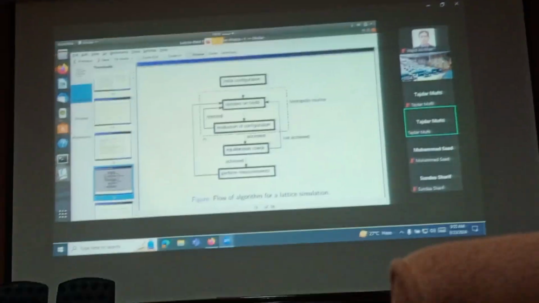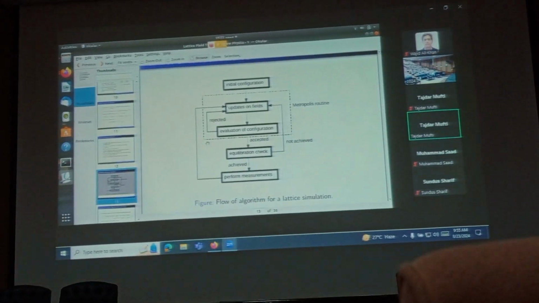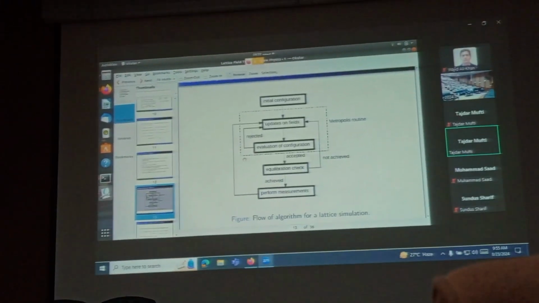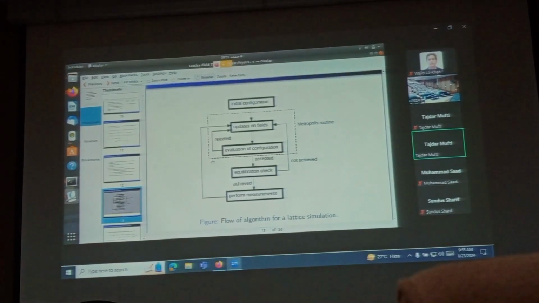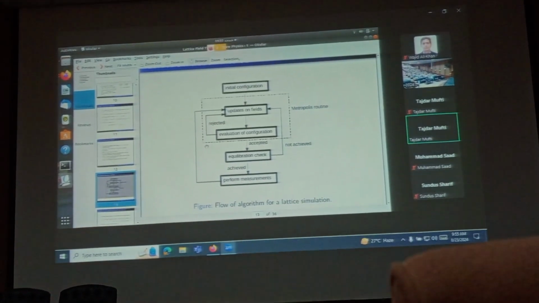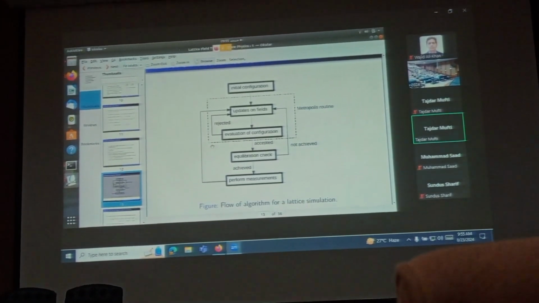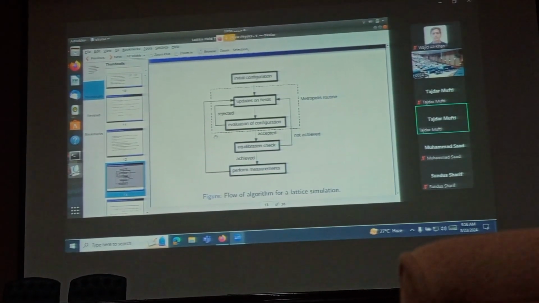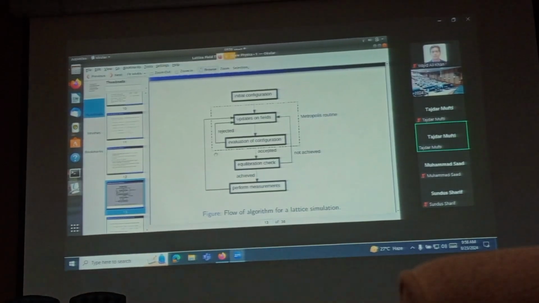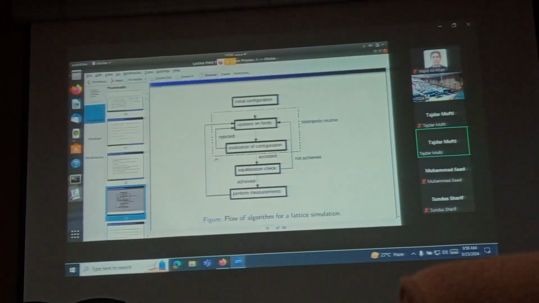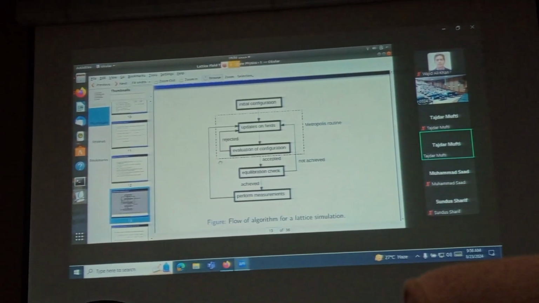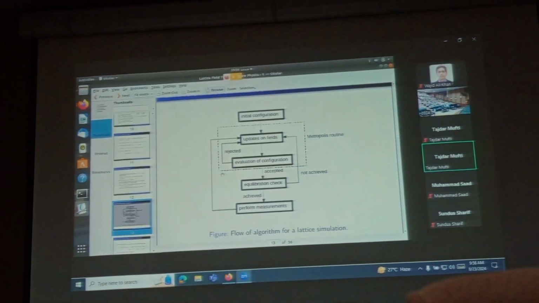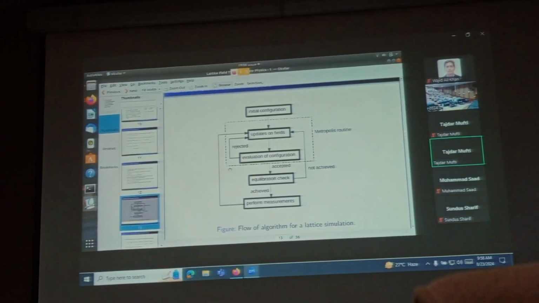So we start with an initial configuration, we can randomly pick it, and then we make some updates. You have to worry about how to update, because you are randomly choosing these configurations or paths, but they have to be decorrelated again. So you make certain updates and then see if they are decorrelated enough, and only then can you examine.